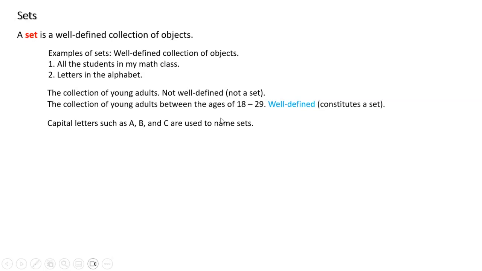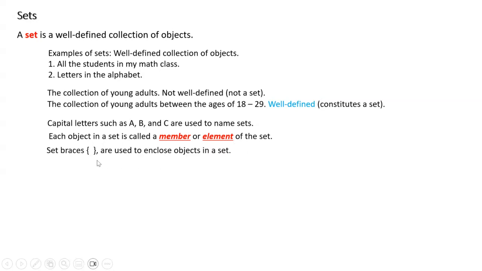Now, capital letters such as A, B, and C are used to name sets. Each object in a set is called a member or element of the set. Set braces are used to enclose objects in a set.